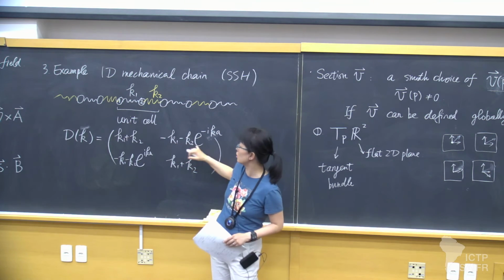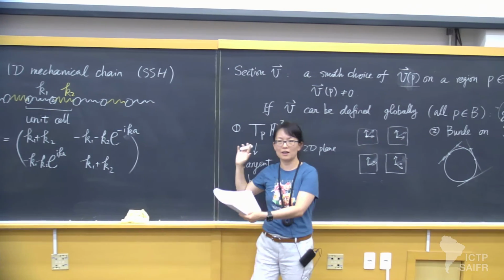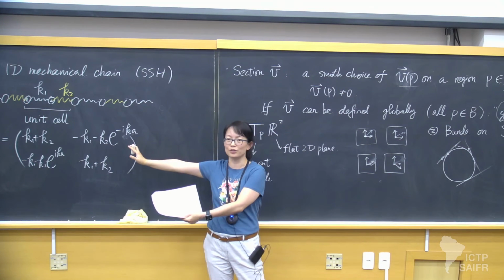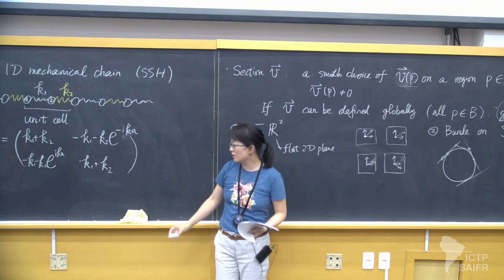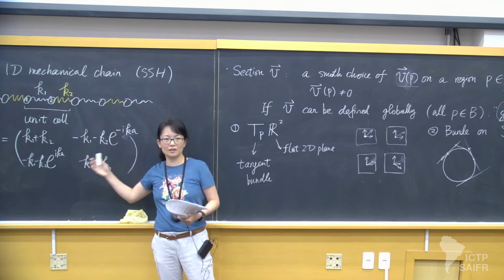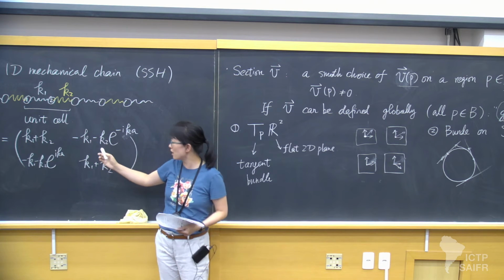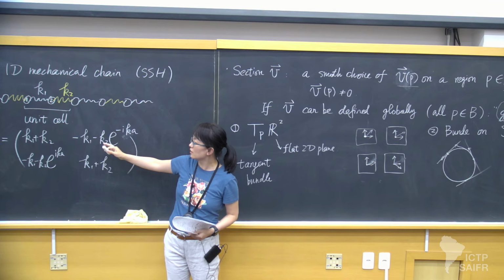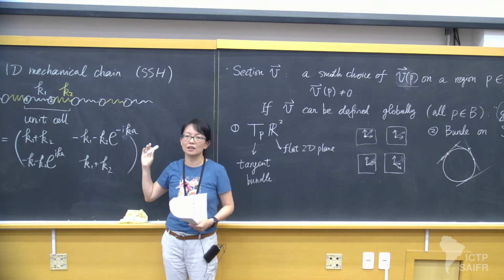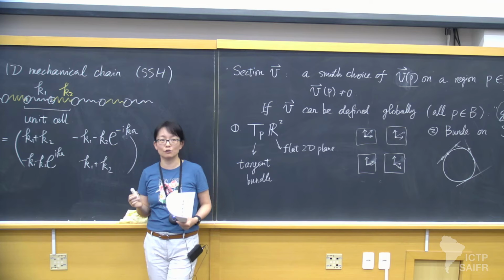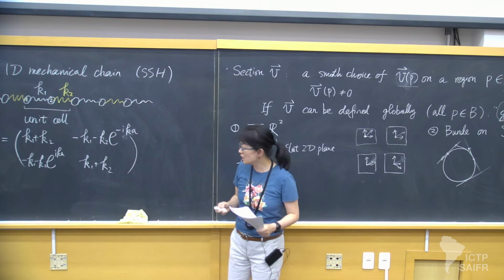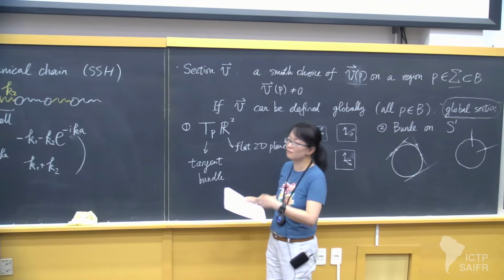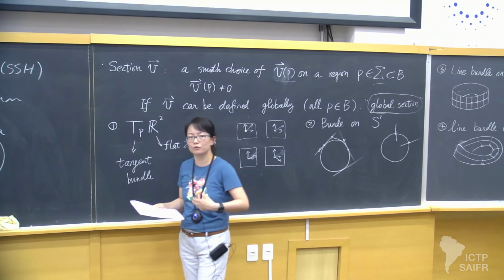So you have this term and this term. I suppose you all know how to derive this, right? And you can check that this is indeed a Hermitian dynamical matrix. If you take a transpose, you get the complex conjugate of itself, okay? So that's the dynamical matrix, and to get the eigenvectors, we do the usual thing of diagonalization.